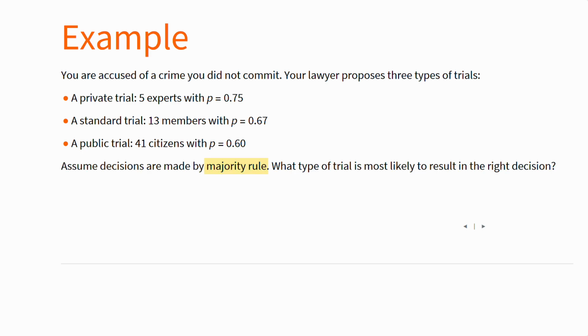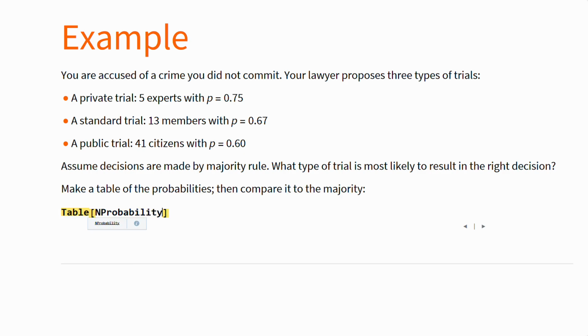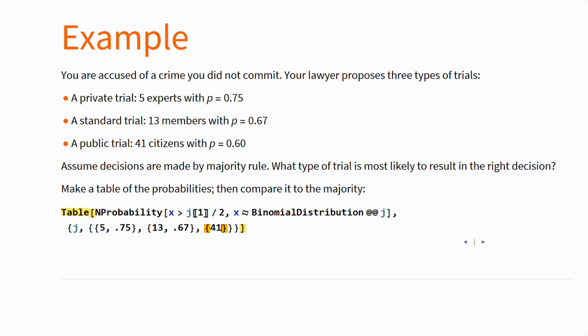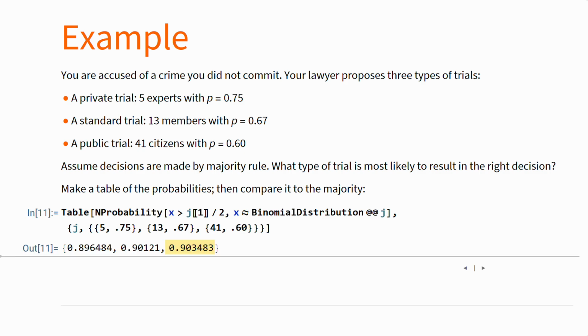Assume decisions are made by majority rule. What type of trial would be most likely to result in the right decision, that is, for you to be declared not guilty? Just make a table of the probability the number of jury voting not guilty is the majority, then calculate that probability for every single jury type. And so you see the last jury is the best, as the number of participants makes the variation decrease in general.